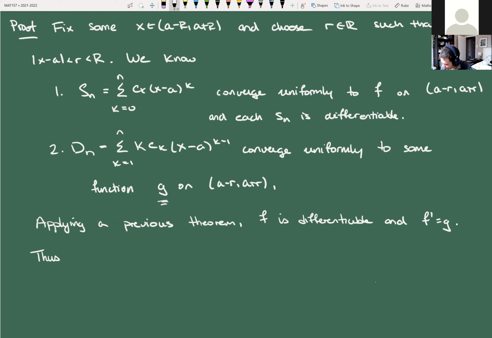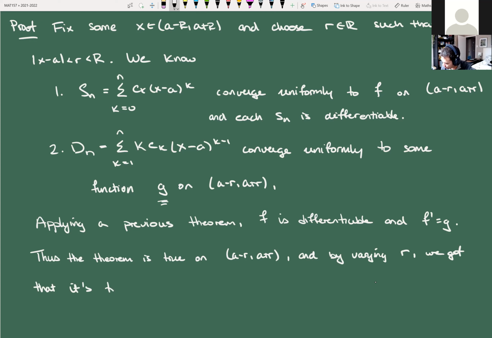So thus the theorem is true on a minus little r to a plus little r, and by varying little r, we get that it is true on the whole thing, right?